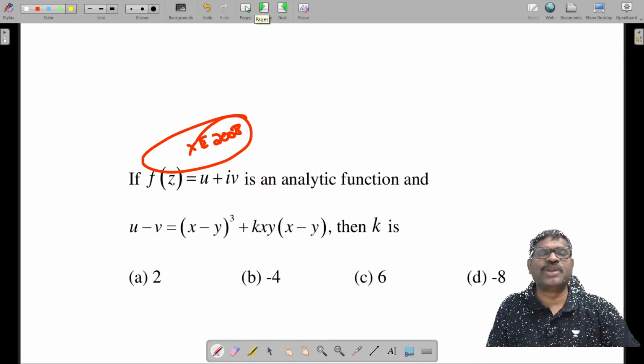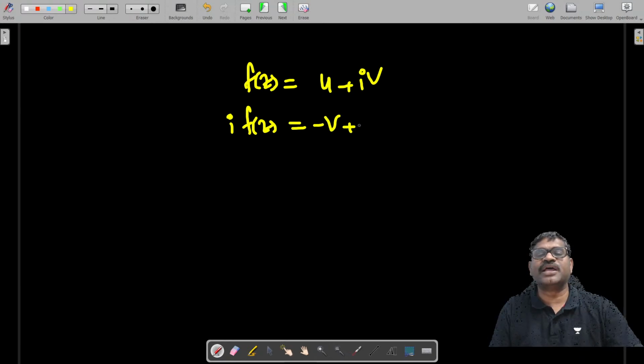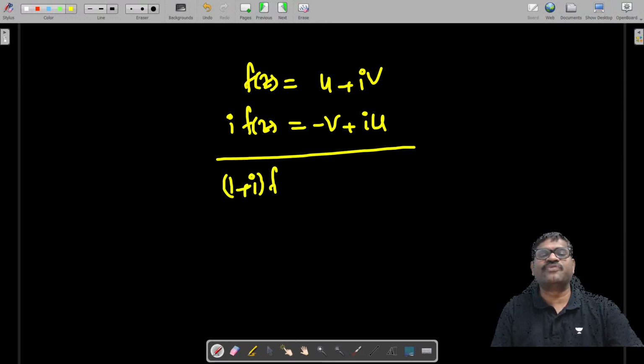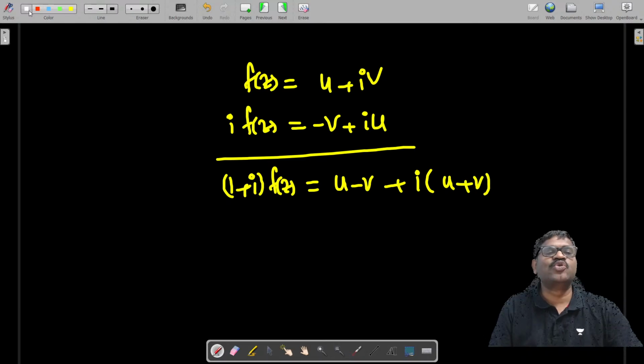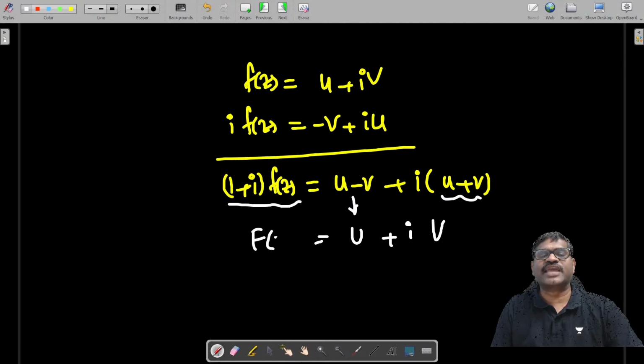Before that, simple work we have observed. F of z is u plus iv. I into f of z is minus v plus iu. 1 plus I into f of z is u minus v plus I into u plus v. Let us assume u minus v is capital U. U plus v is capital V. 1 plus I into f of z is capital F of z.